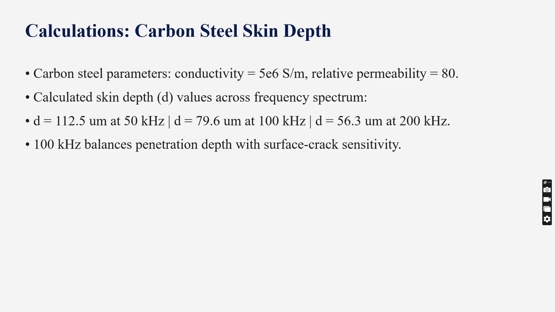And at 200 kHz, it reaches 56.3 micrometers. Based on these calculations, we selected a nominal operational frequency of 100 kHz. This confines the eddy currents to the top 80 micrometers of the pipe surface, ensuring maximum sensitivity to surface breaking cracks.